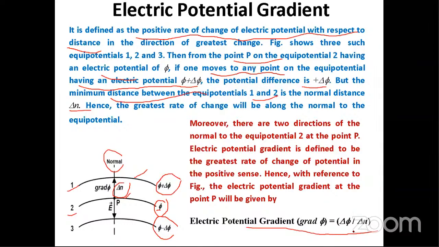But if you want to define the electric field intensity, instead of moving in the positive direction, you move in the negative direction, so instead of a positive rate of change, it becomes a negative rate of change.